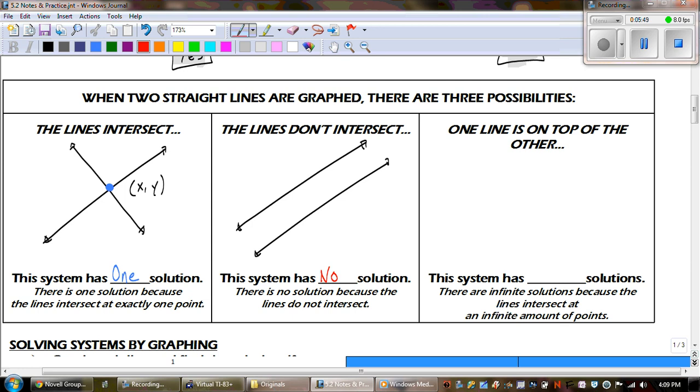And the last option is if the lines are on top of each other. There's my first line, but then we have another line that's directly on top of it.